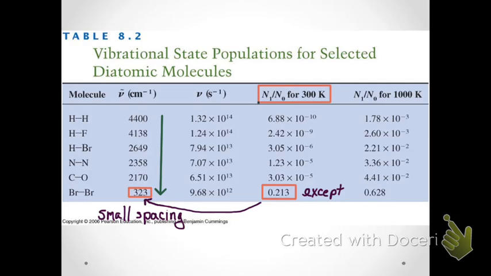And of course, if we compare to the 1000 kelvin values, we'll note that the proportion of molecules in n equals 1 relative to n equals 0 does increase as we go to the higher temperature. And that should make sense. As we heat things up, there are going to be more molecules in the higher energy states.